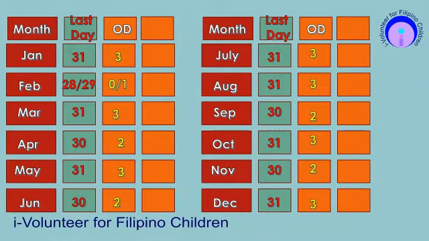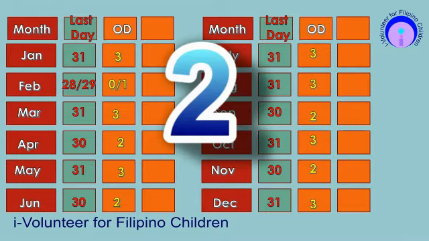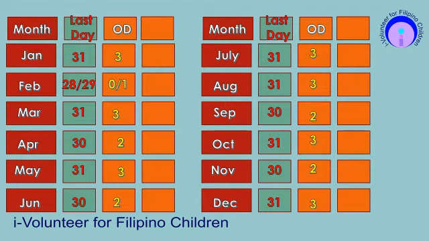Likewise, months with 30 days have 2 odd days. These are the months of April, June, September, and November. For February, it can have 28 or 29 days depending on the year.